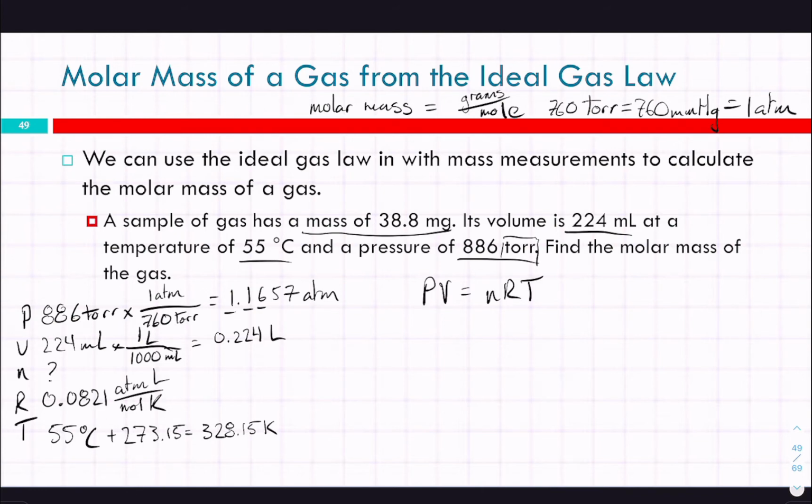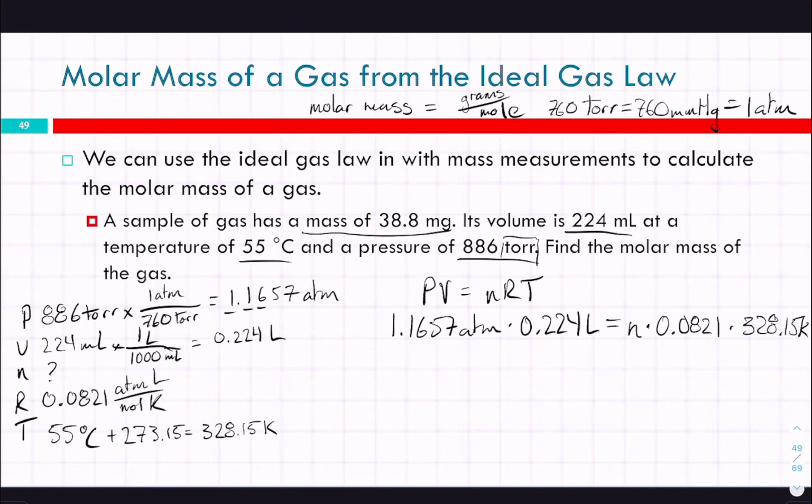I'm going to do this a little faster here. So we're going to have 1.1657 atmospheres times 0.224 liters equals n, which is what we're looking for, times R, which is 0.0821 times 328.15.